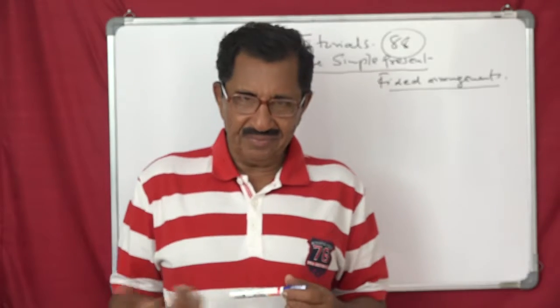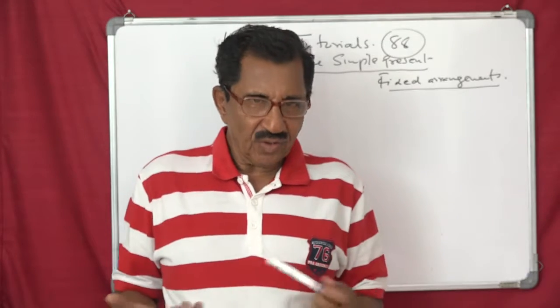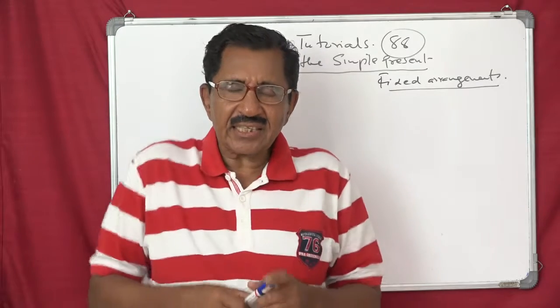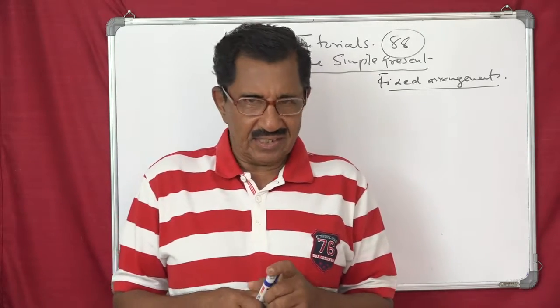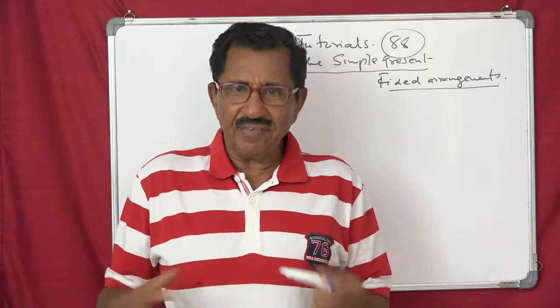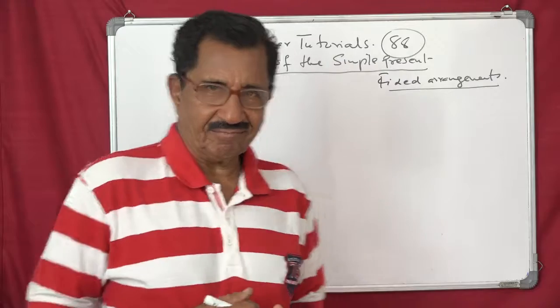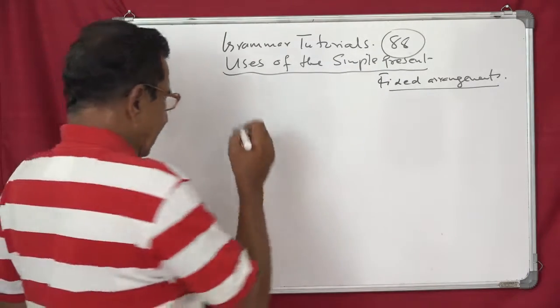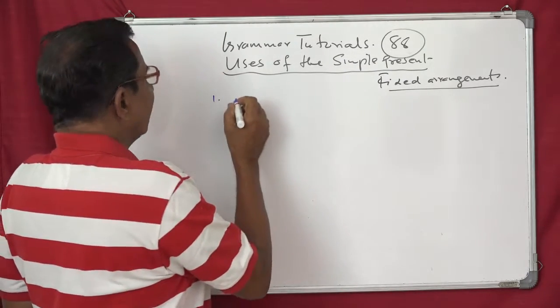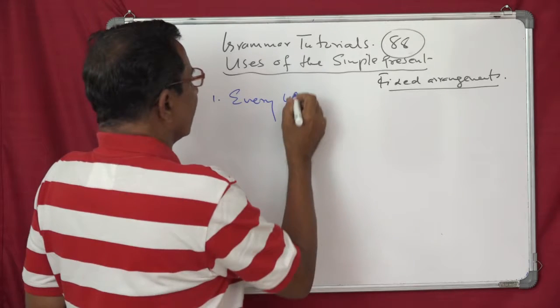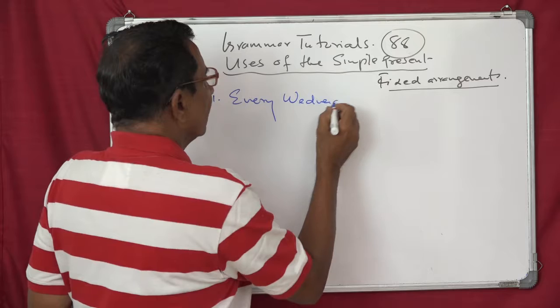Every day we can say, normally, what happens is an interstate bus. You can say, every Wednesday an interstate bus comes here. So there is a fixed arrangement. One is any day you can say, every day, every Wednesday.